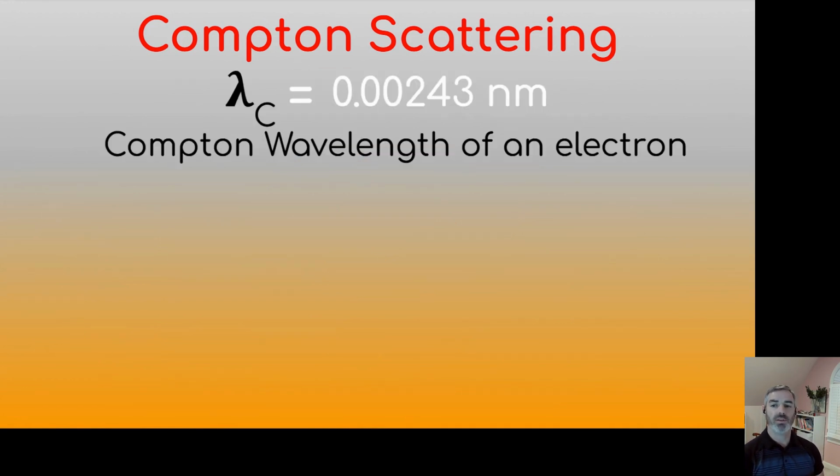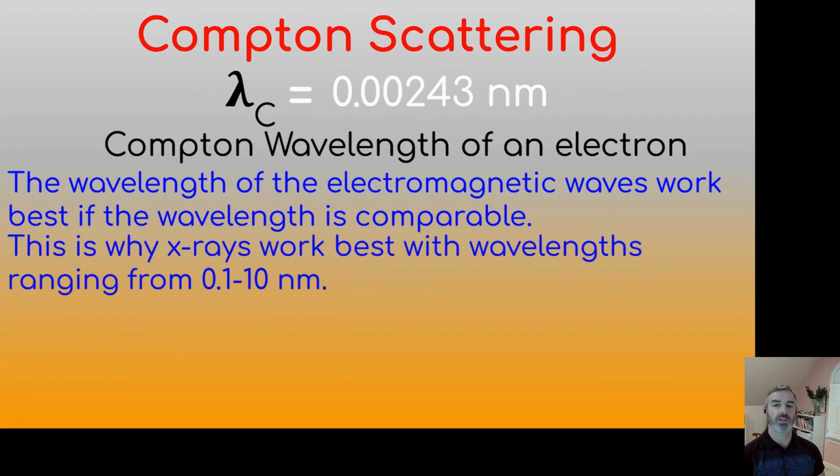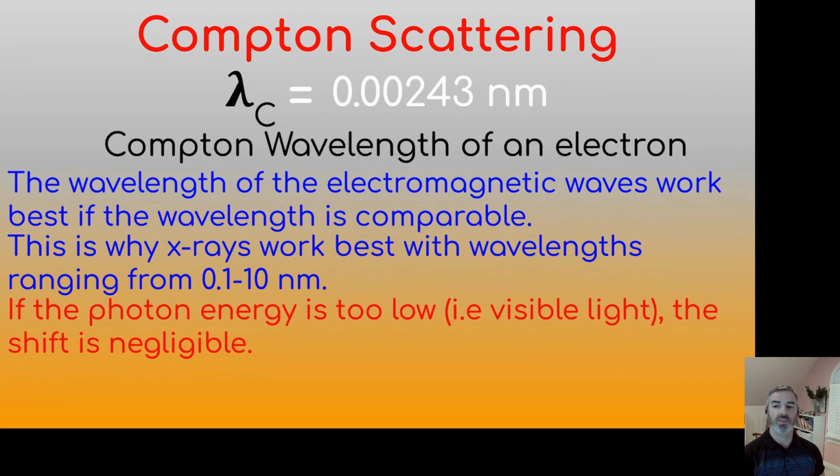And what the Compton wavelength of an electron shows is that electromagnetic waves work best if the wavelength is comparable to this value. This is why X-rays work best with wavelengths ranging from 0.1 to 10 nanometers. Now, if the energy of the photon is too low, for example, visible light, the shift is negligible. There's not enough energy transferred to the electron to cause a noticeable shift.